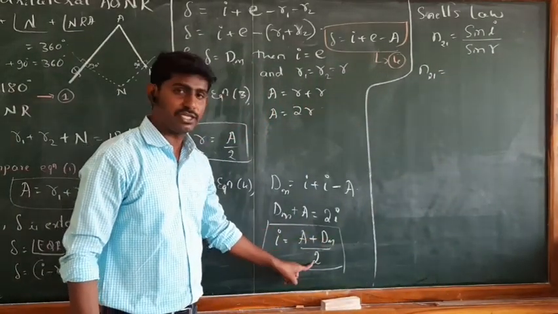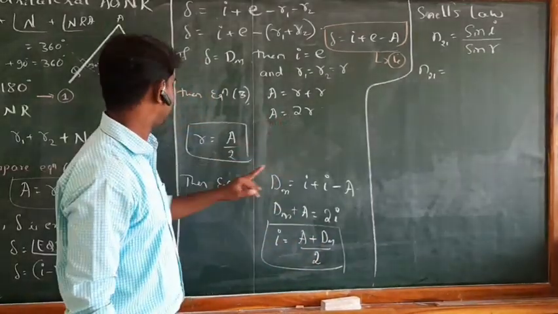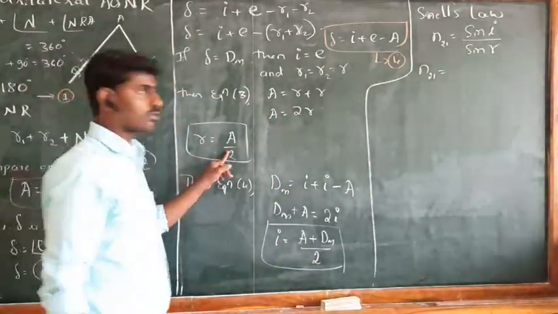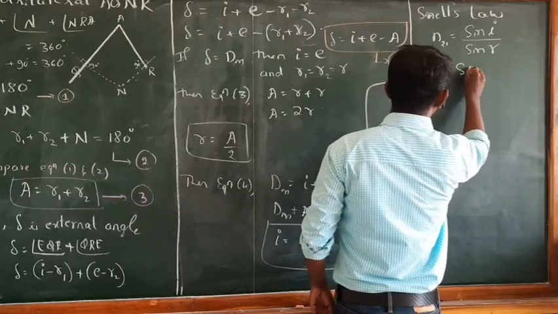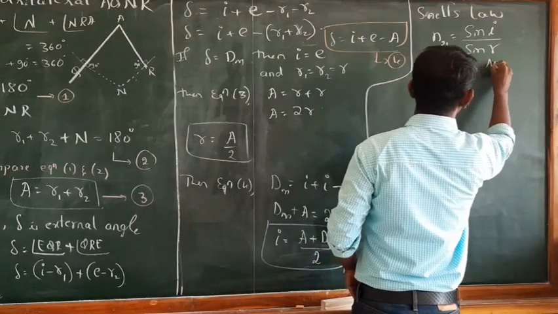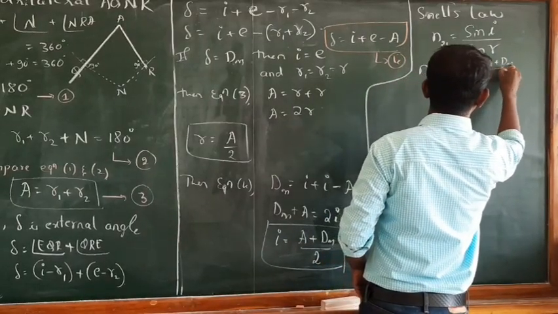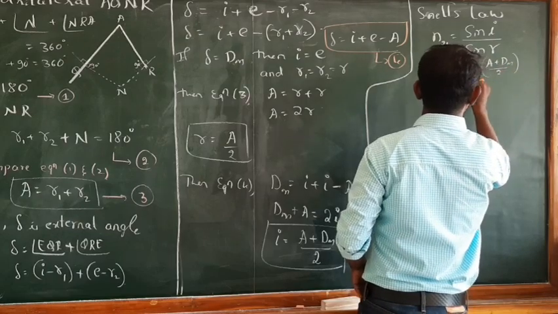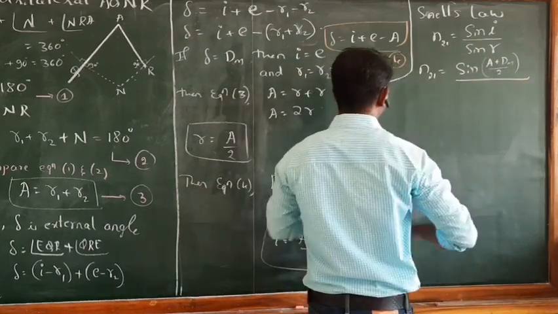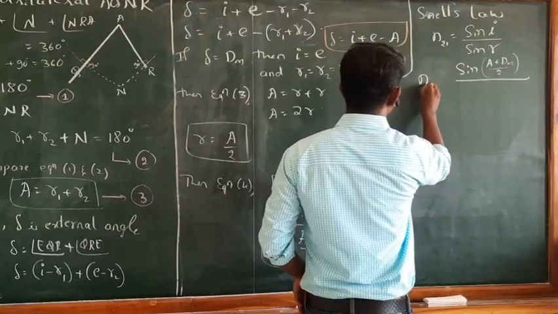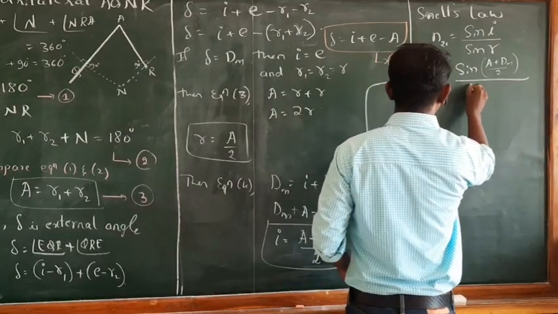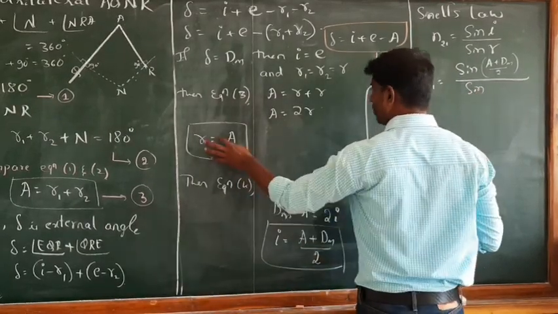A plus dm by 2. And what's R? This is A by 2. I substitute these values: sine of A plus dm by 2 divided by sine of A by 2.